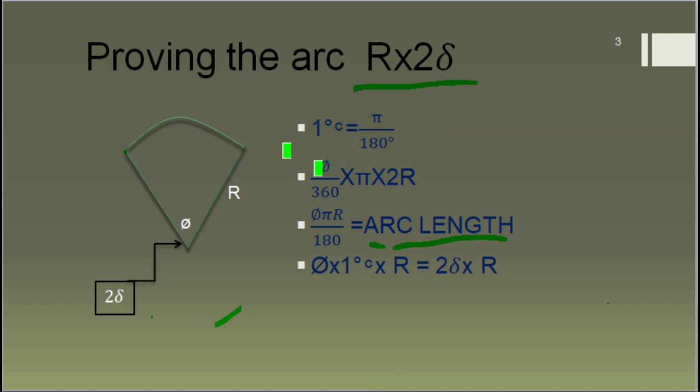You can go and check books. So by conversion, our formula was theta over 360 times 2 pi r, and by conversion into radians, this will remain with theta r.